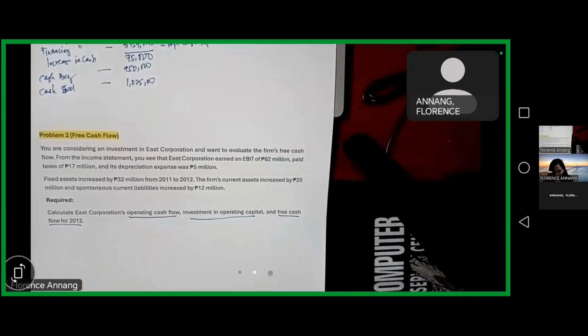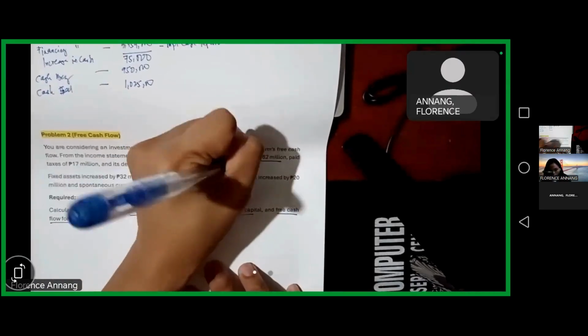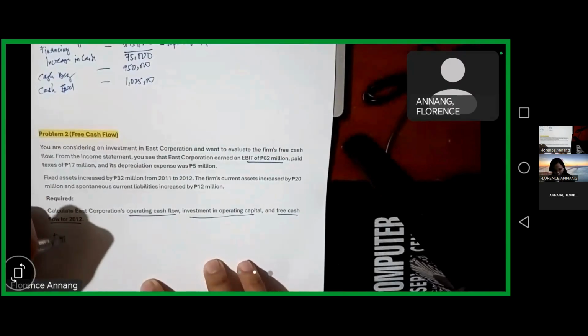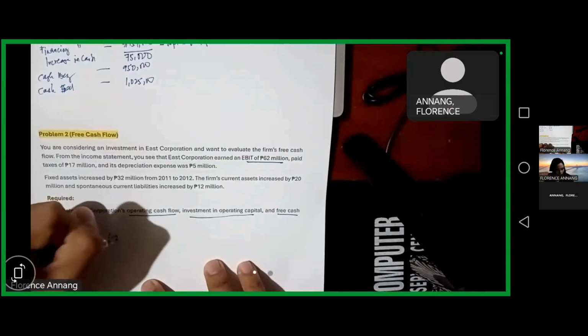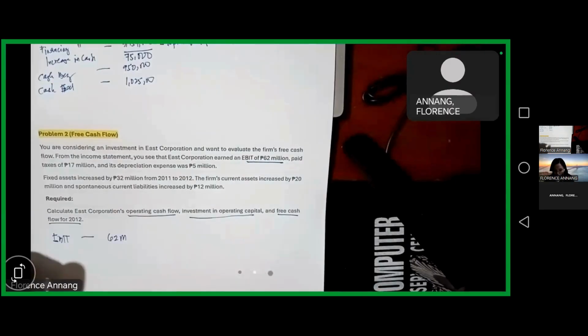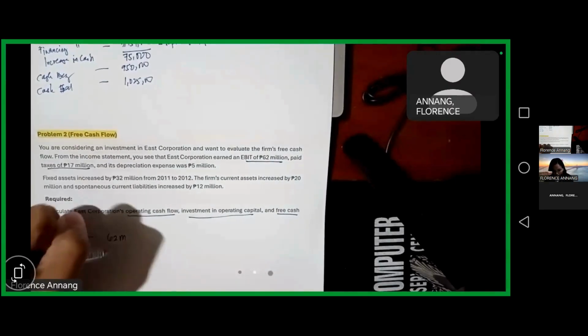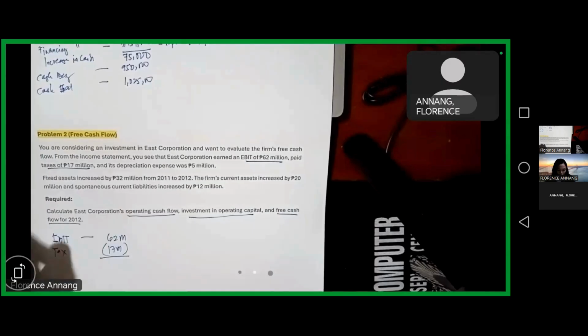So, anong sabi? Meron tayong EBIT of 62 million. EBIT, 62 million. What else? Meron daw tayong tax paid na 17 million. Therefore, magkano ang ating earnings after tax? We have 62 less 17.